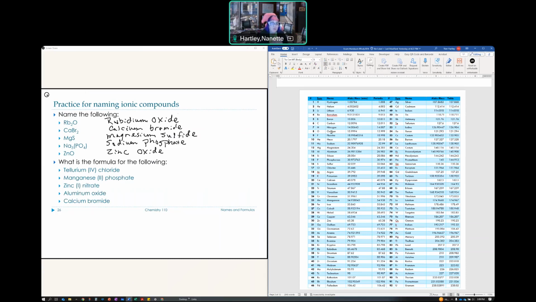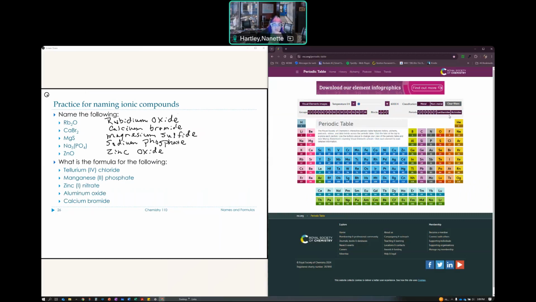And when we talk about going from name to formula, let's get rid of this for a minute and let's look at tellurium IV chloride. So the fact that it says IV indicates to me that it's probably in here somewhere. So I start looking at the T's. Ti is titanium, so it's not that one.